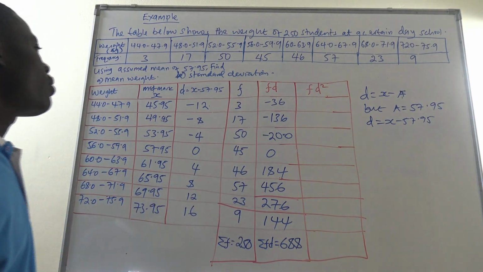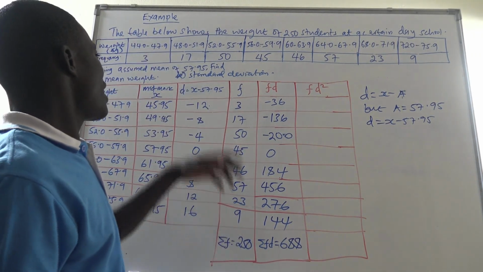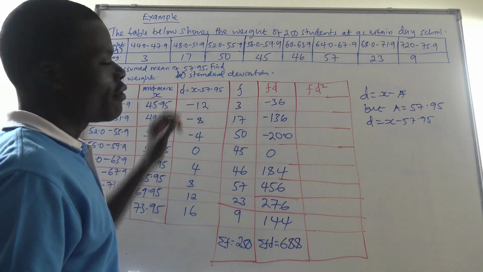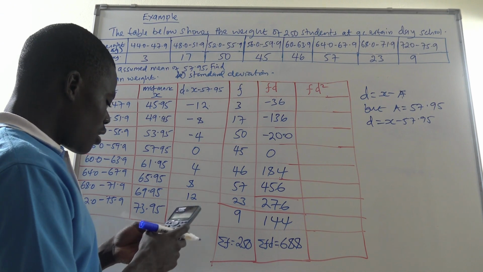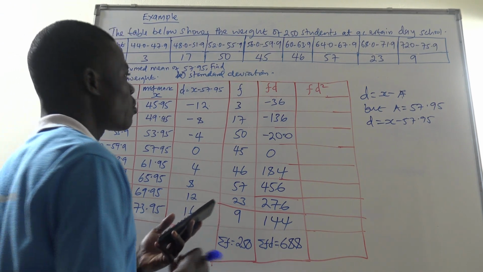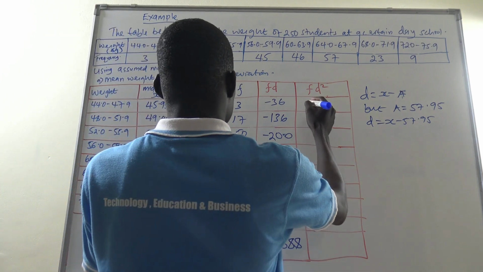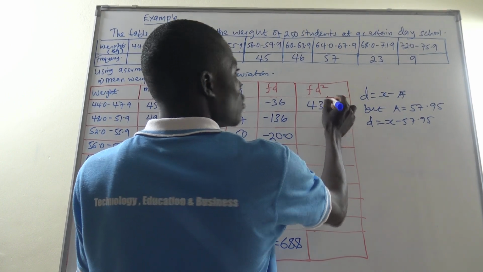So we shall go to the column of FD squared. If you get D squared, it implies even the negative will become squared. So we shall get 12 squared times 3, which becomes 432.